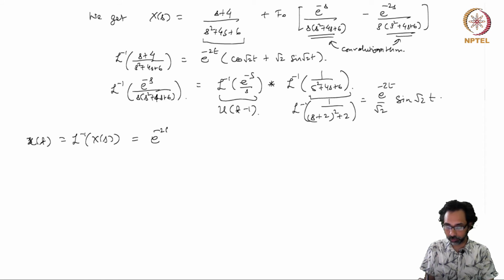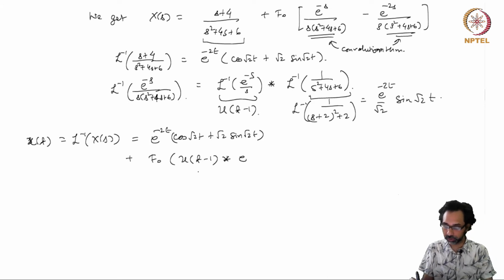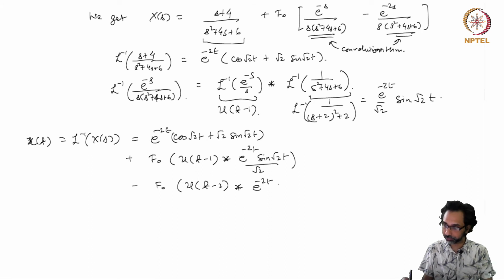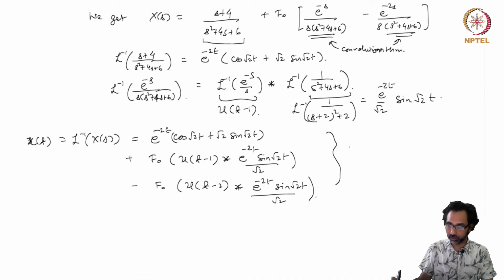So the first term is e to the power minus 2t times cos square root 2t plus root 2 sine square root 2t, plus f naught times the convolution of the Heaviside step function at 1, and then the function e to the power minus 2t sine of square root 2t over root 2, and the third term is minus f naught times the Heaviside step function at 2, with the convolution e to the power minus 2t sine of square root 2t over root 2, and this is our solution.